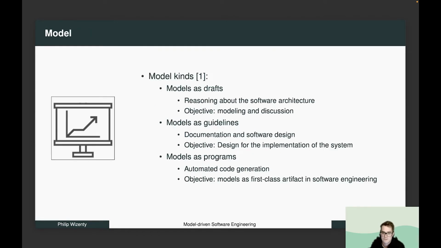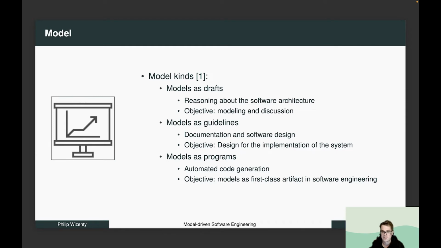In model-driven software engineering, we can use the models in different ways. One of these possibilities is to use them as drafts. They can improve the reasoning possibilities about the software architecture and increase the understanding of the developers about it. Another possibility is that models also can be used as guidelines that serve as documentation or as software design, which can be used as a basis for the implementation.